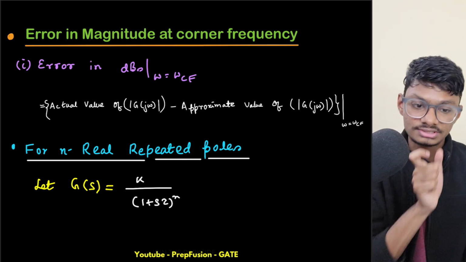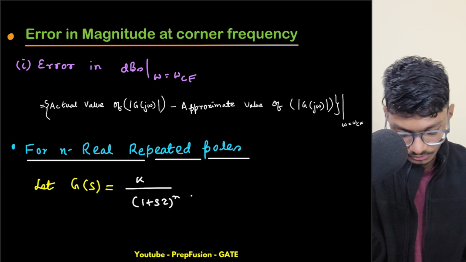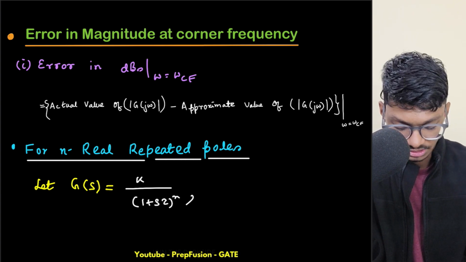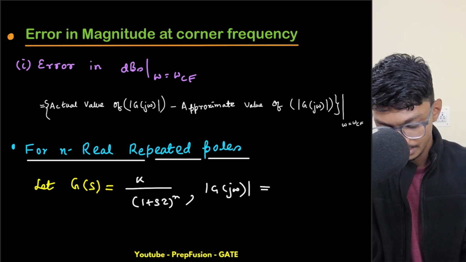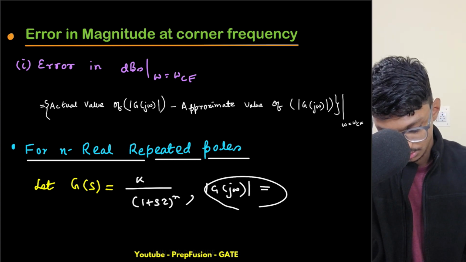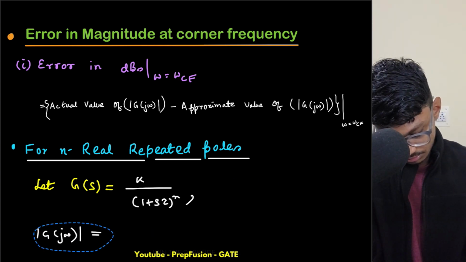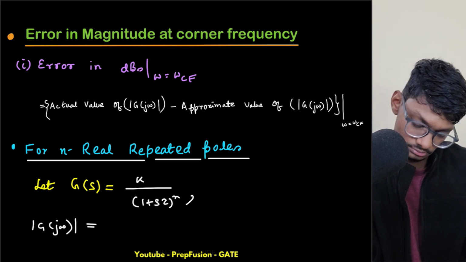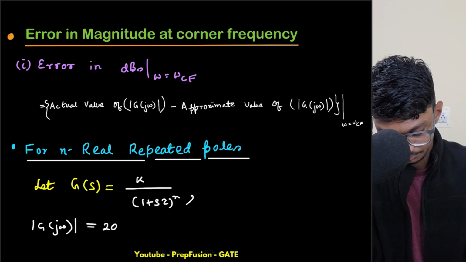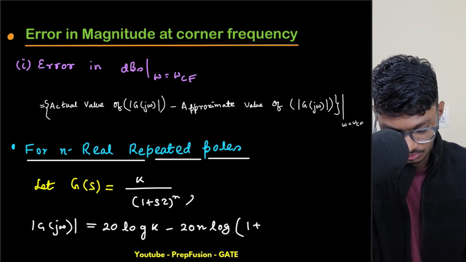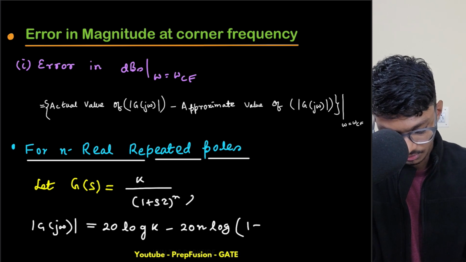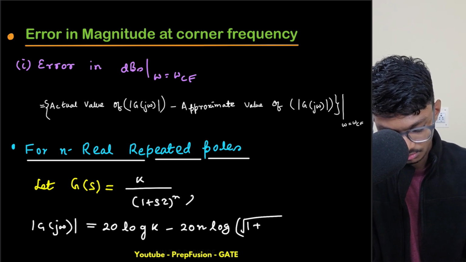Now what is the magnitude in dBs? Because mainly we are concerned in dB scale. G of j omega simply equals, let me write this down here, 20 log k minus 20 n log under root 1 plus omega square.